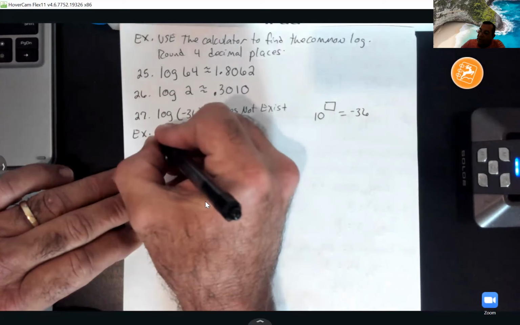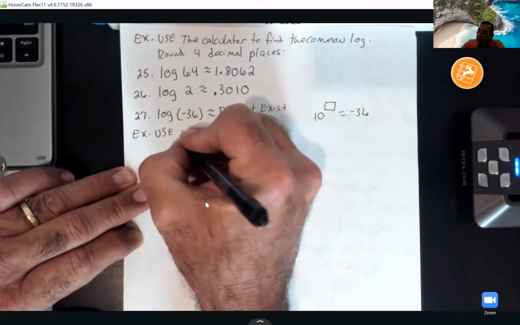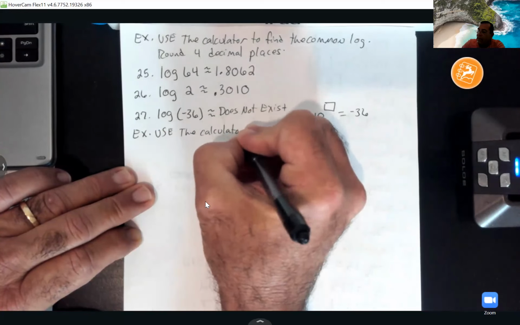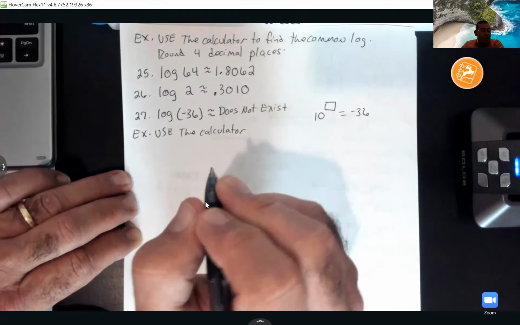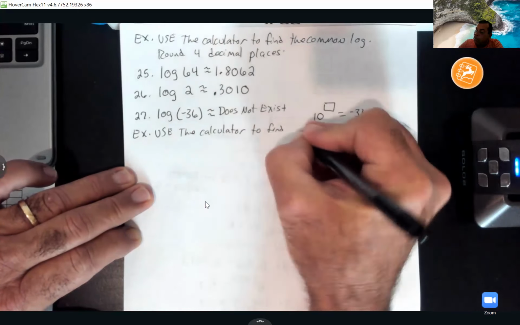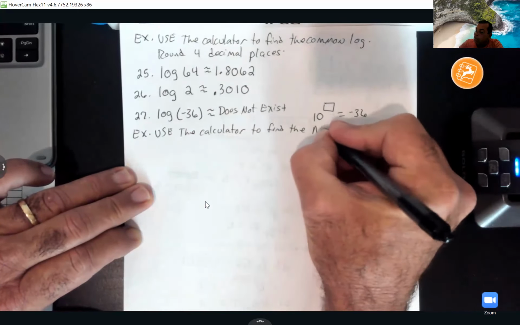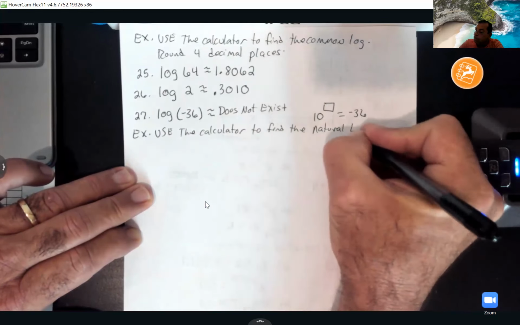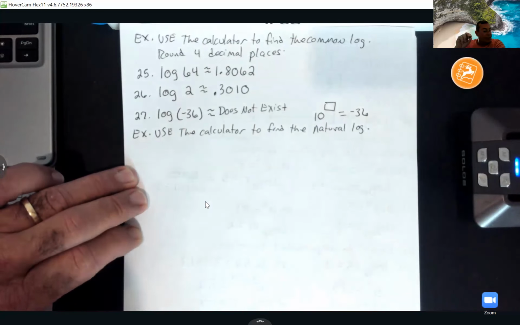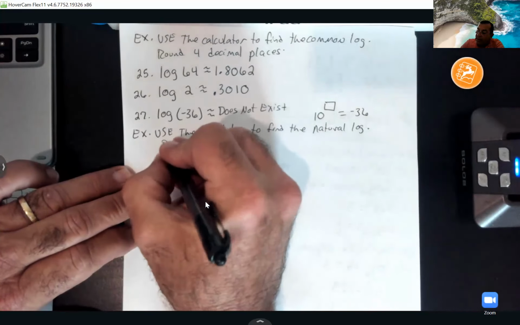Now they want us to use a calculator to find the natural log. And I'm going to round these to 4 decimal places.